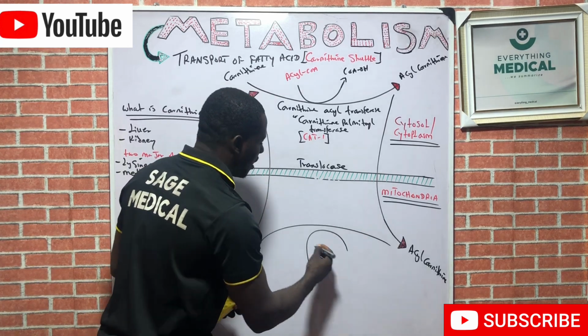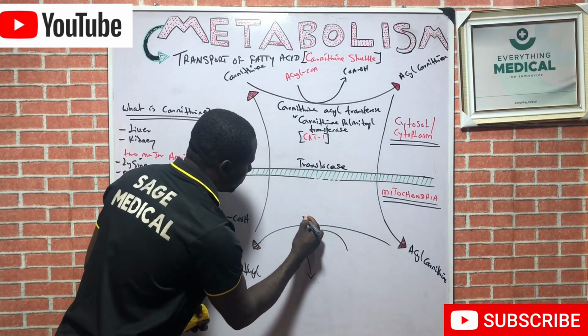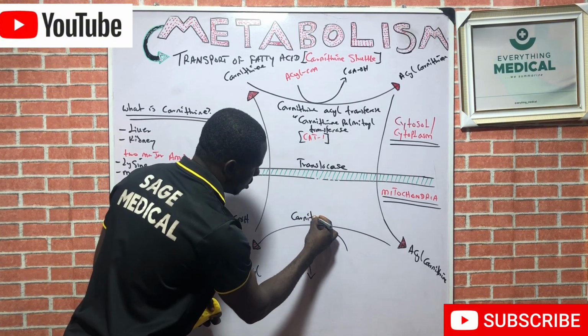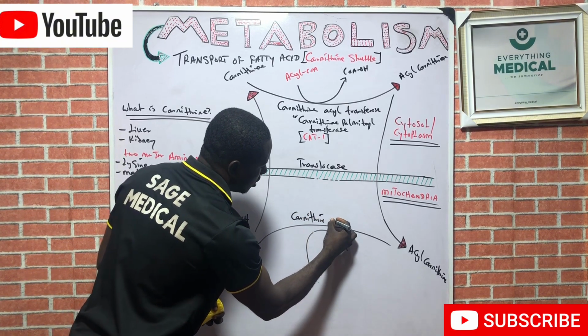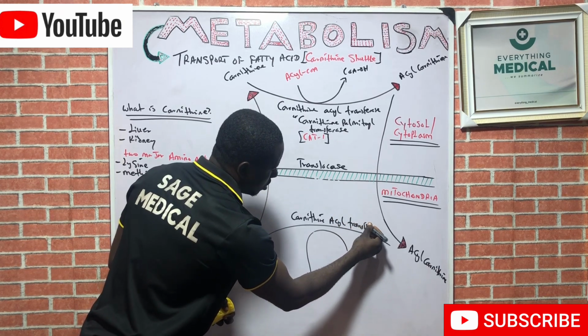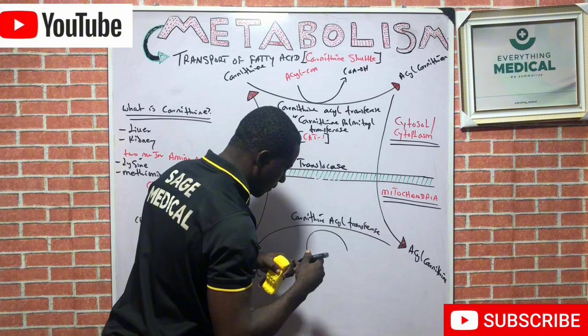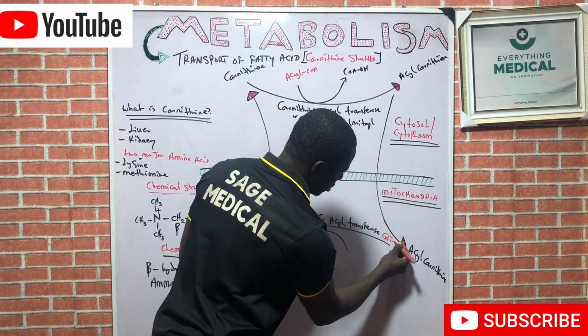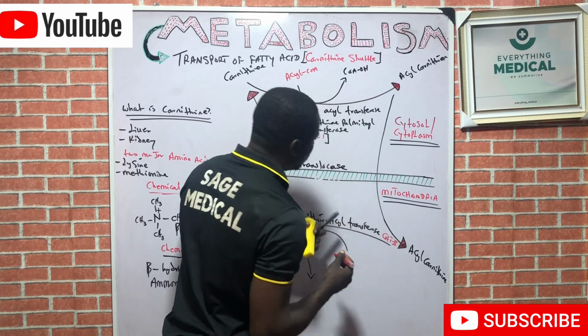So here we have another enzyme called carnitine acyltransferase 2, which is called CAT2.